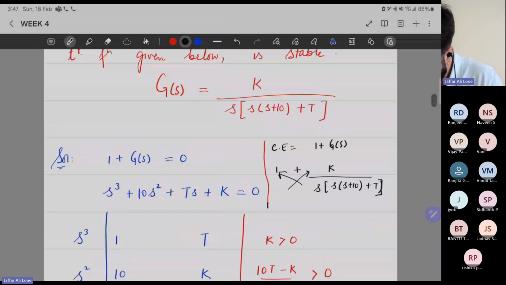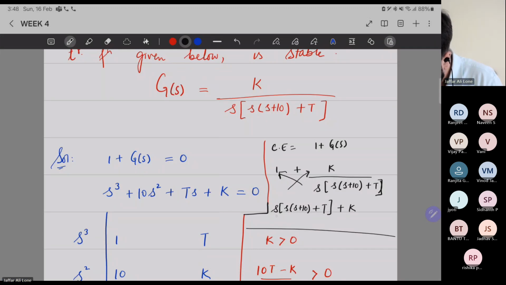So it will be this into 1, the same term, s(s plus 10 plus t), then this into K into 1, so plus K, divided by s(s plus 10 plus t).